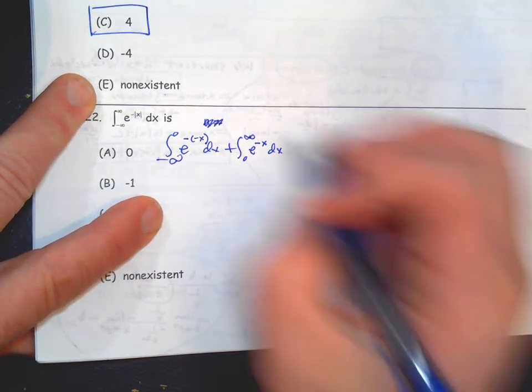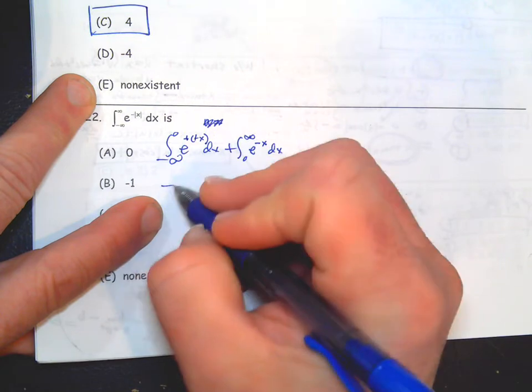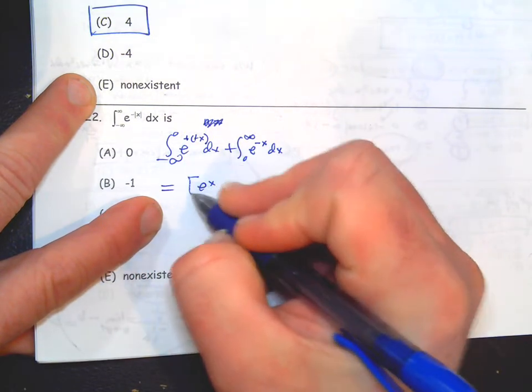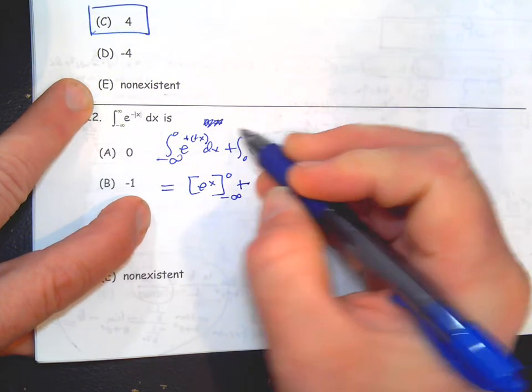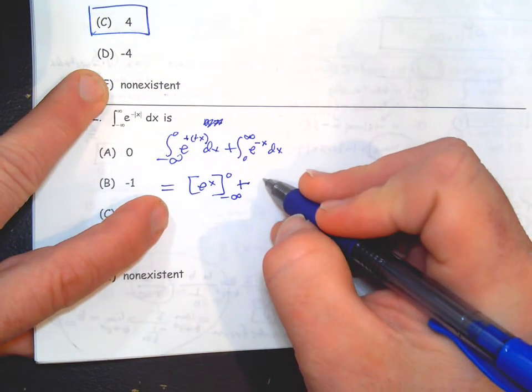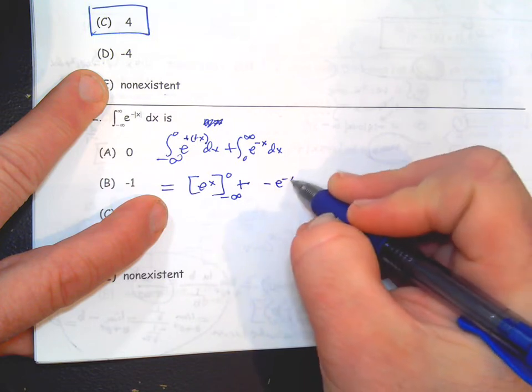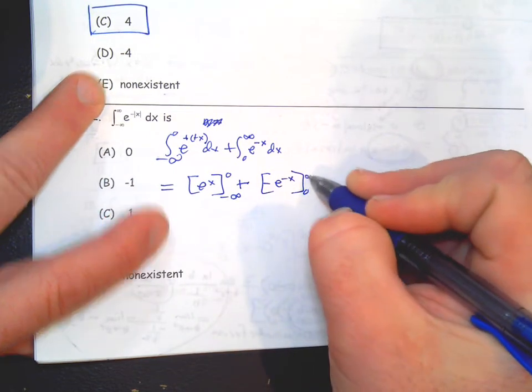So this one, again, I'm being lazy. It's going to be e to the x, and I'm going to go negative infinity to 0. There aren't any infinite discontinuities here. This is going to be negative e to the negative x, 0 to infinity.